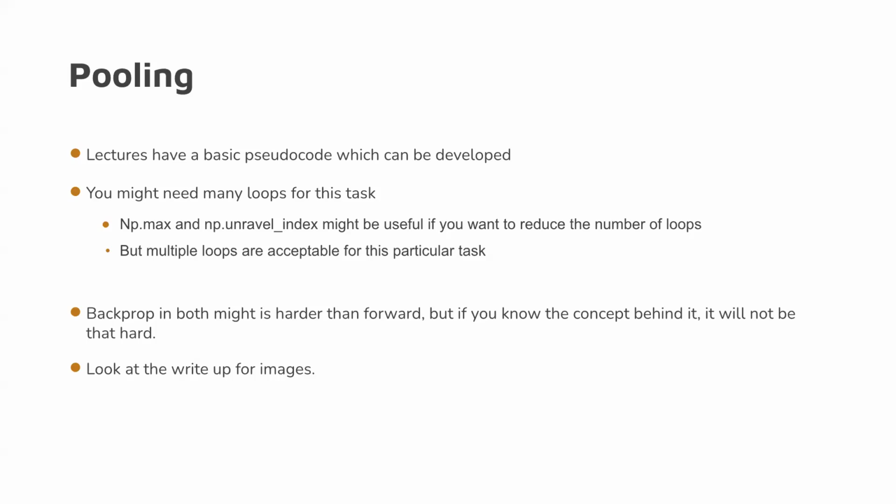This is one section of the homework, in terms of part 1, wherein you might need to make use of loops. You can also make use of np.max and np.unravel_index to reduce the number of loops, because the more loops, the slower the computation time. But for this particular portion, when it comes to pooling, it is okay to make use of multiple loops.